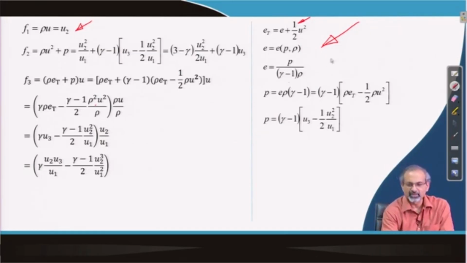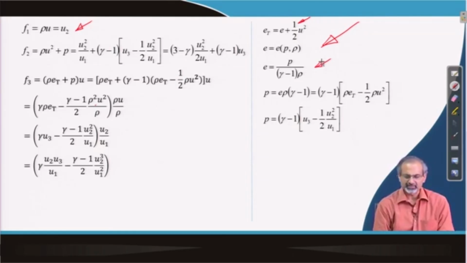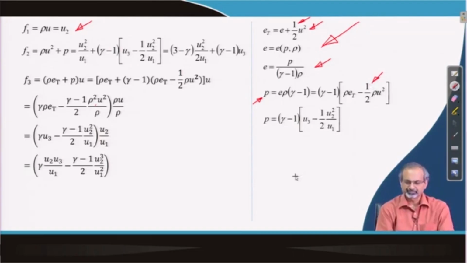This is a form of the equation of state itself, where E is equal to P by (gamma minus 1) times rho. If you have this relation, then that helps us, because we can then write an equation for pressure, which is equal to E rho times (gamma minus 1). Keeping gamma minus 1 outside the bracket, we replace the E by Et minus half u square inside the bracket, and then multiply it with density.